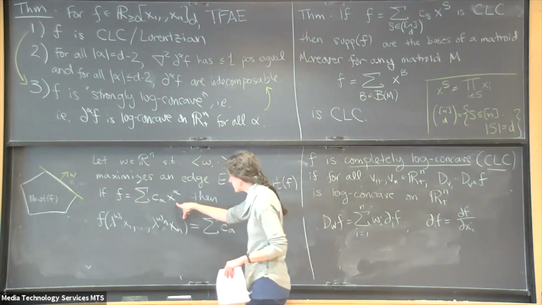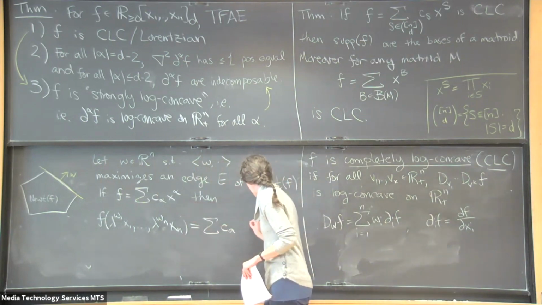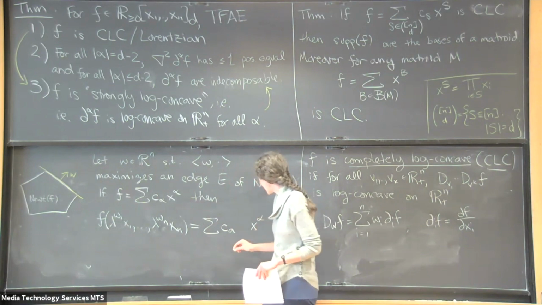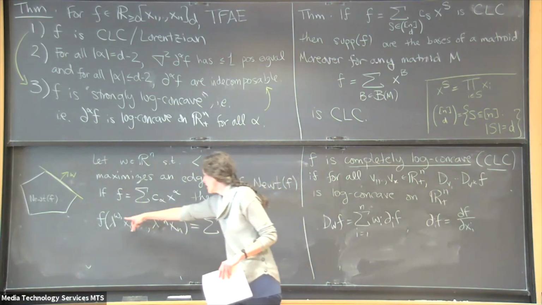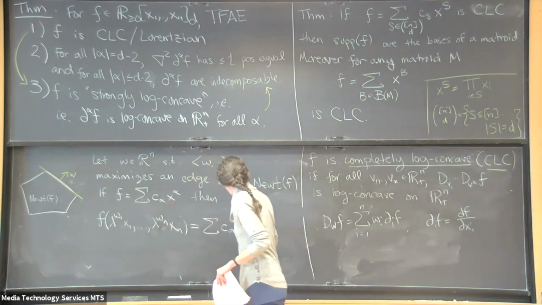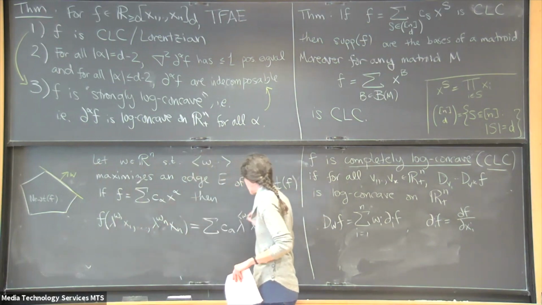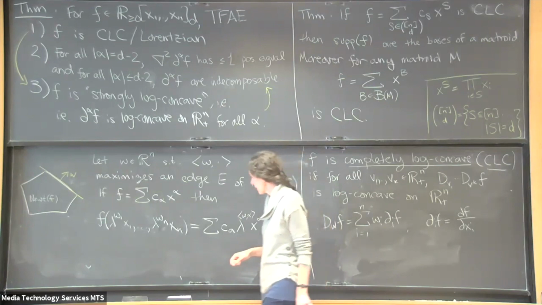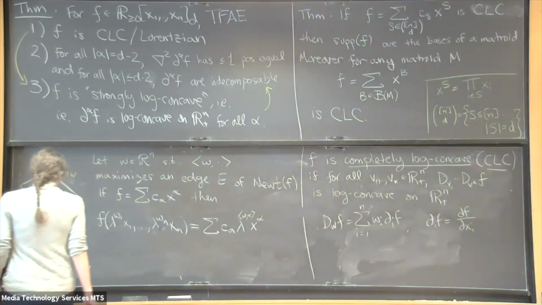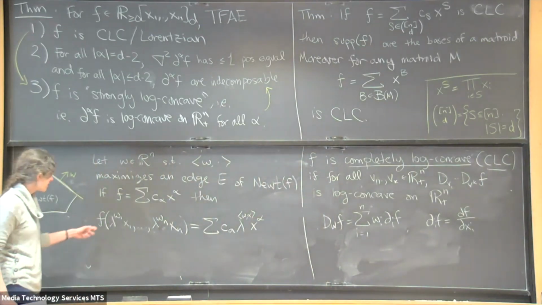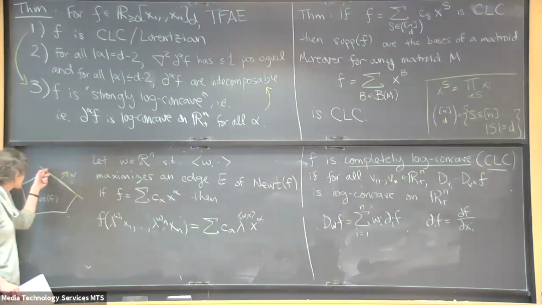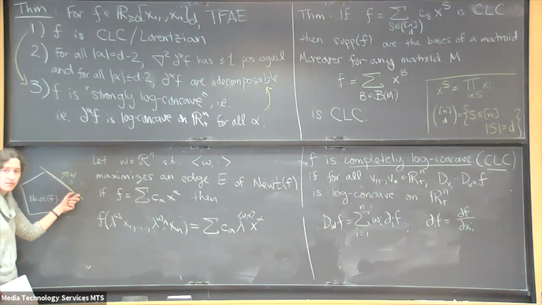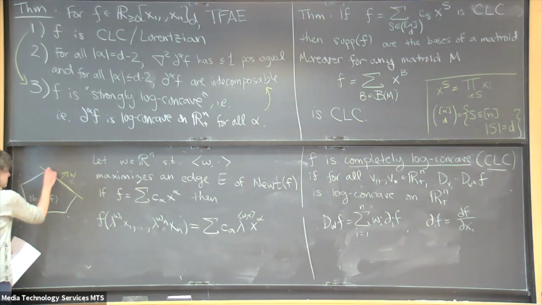Then what does this do to a monomial? Well, if I pull out all of the lambdas, then what I'm going to get is lambda to the inner product of w and this monomial alpha. And the monomials for which this is the biggest, assuming lambda is greater than 1, are exactly the monomials that lie on this edge.